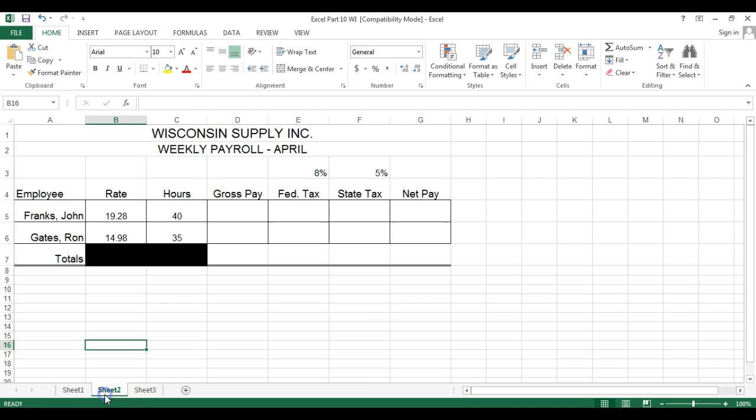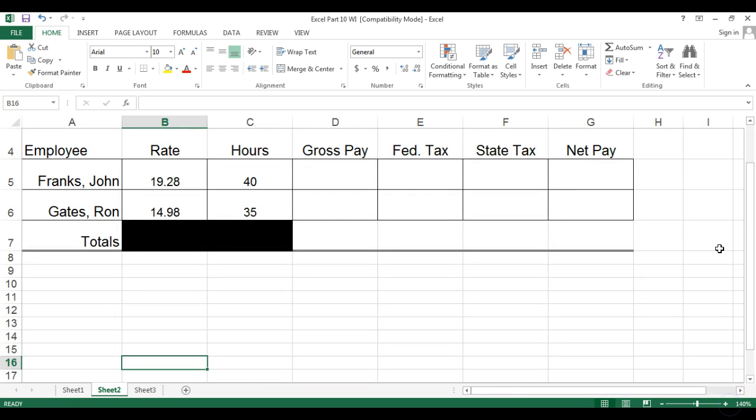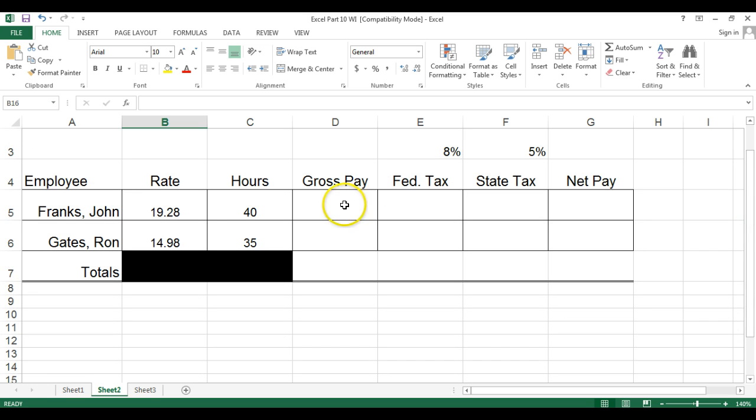Okay, sheet 2. I'm going to make it bigger. Gross pay. Remember, gross pay, rate times hours. Equal sign, rate times hours. Enter. Pull down. Federal tax.